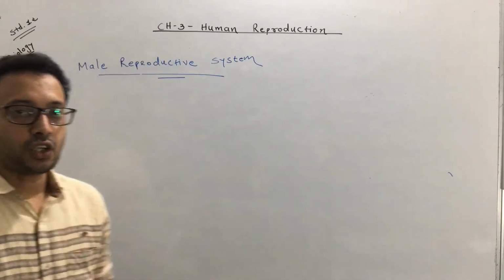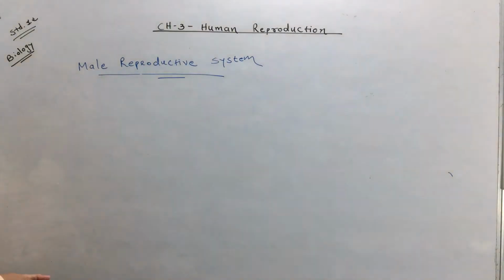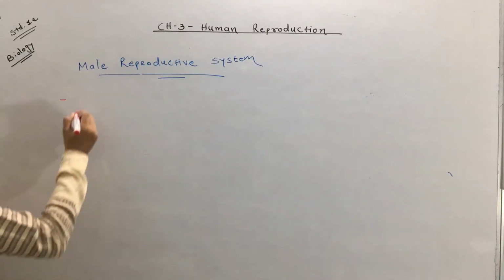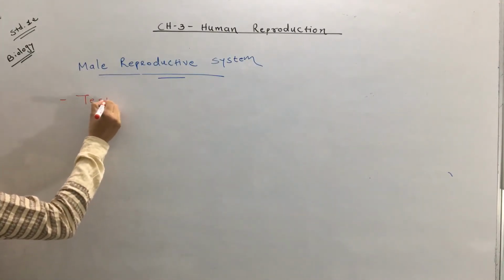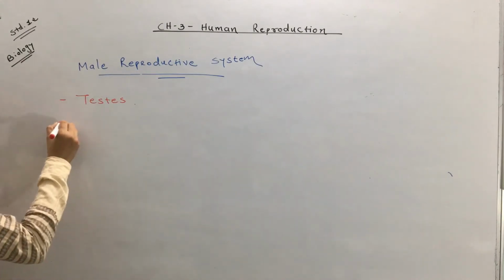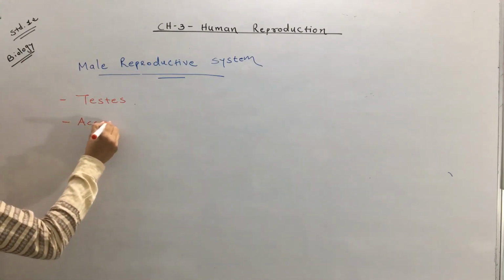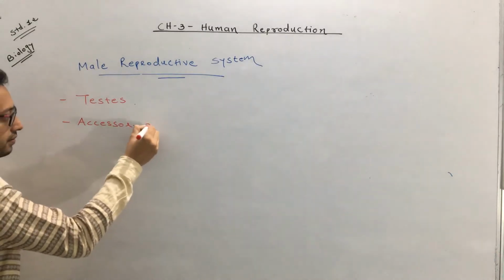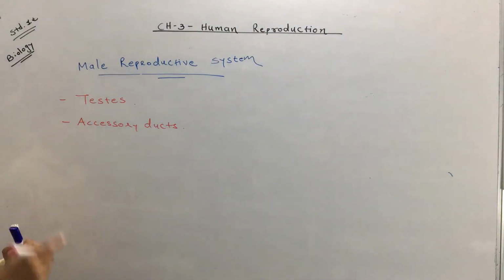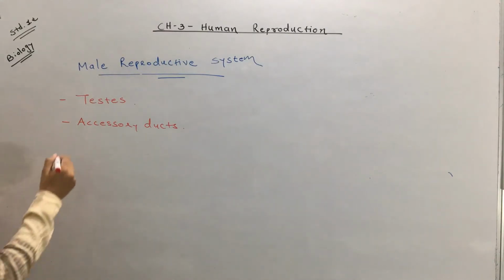Which organs are included under the male reproductive system? The first organ is the testes. Second, it includes accessory ducts; there are many accessory ducts present.